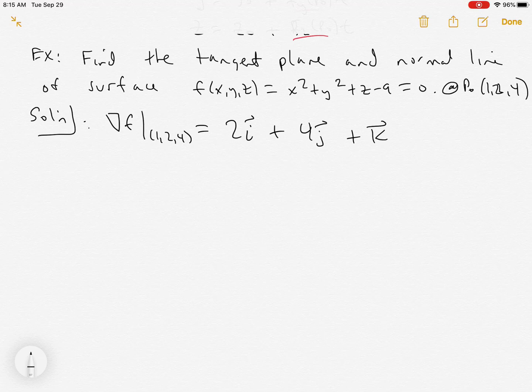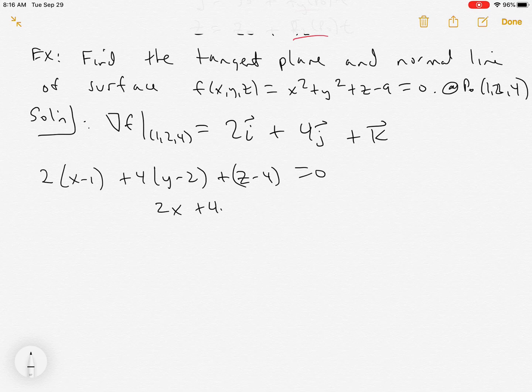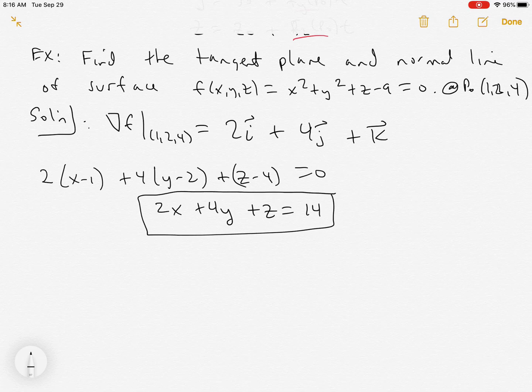So that's del f, and so here's the equation of the plane. It's f sub x times x minus 1, plus f sub y times y minus 2, plus z minus 4 equals 0. And it's good form to clean this up, so you get 2x plus 4y plus z equals 14. And that's the equation of the plane.